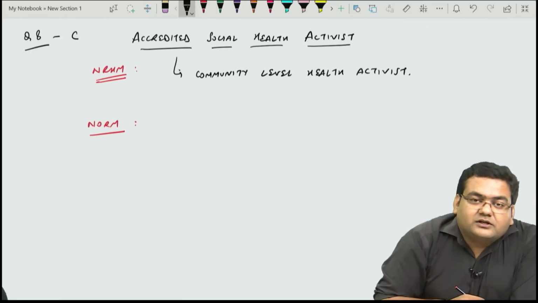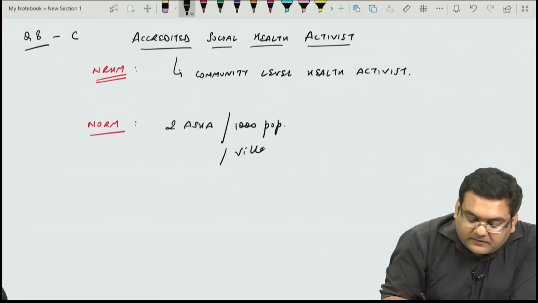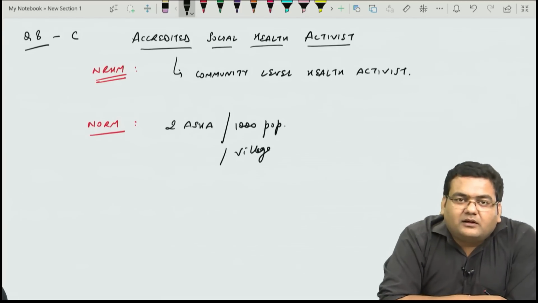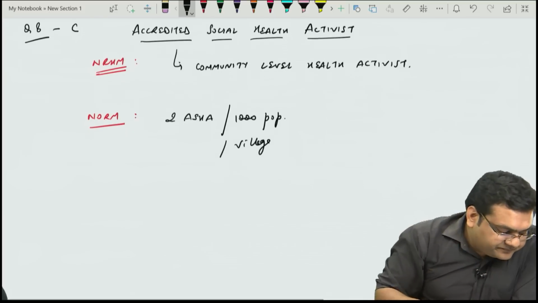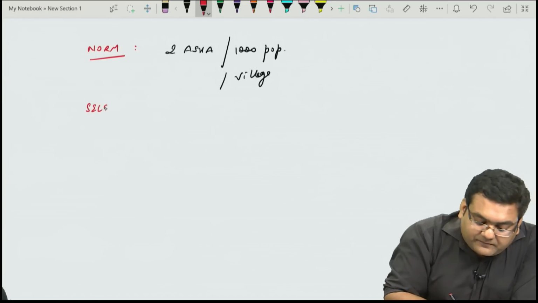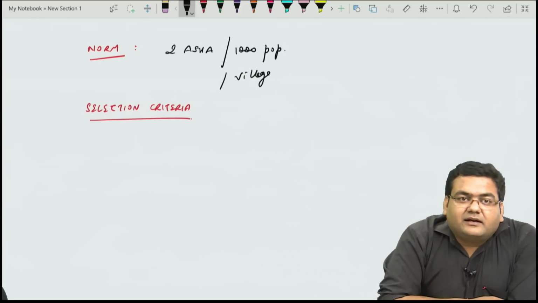Now some important points which we need to remember about ASHA, that is accredited social health activist, is what is the population norm? The current population norm is to have 2 ASHAs per 1000 population or 1 village. Generally, a village is composed of approximately 1000 people. Second important point is her selection criteria.